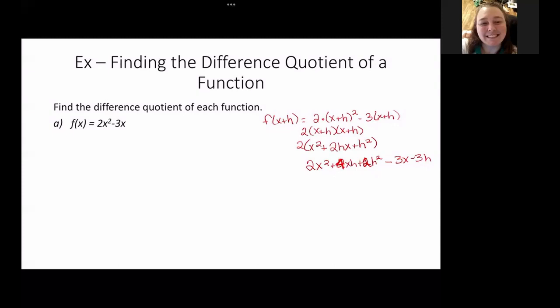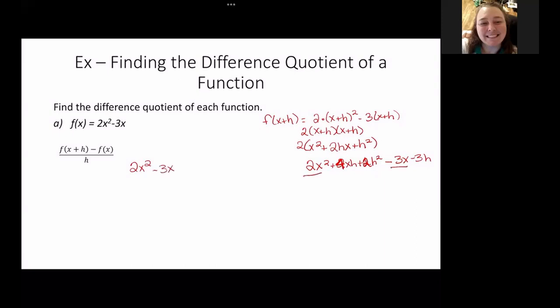Now, remember what our equation is. So now what we want to subtract from it is the f of x. So let's say we've got 2x squared minus 3x.